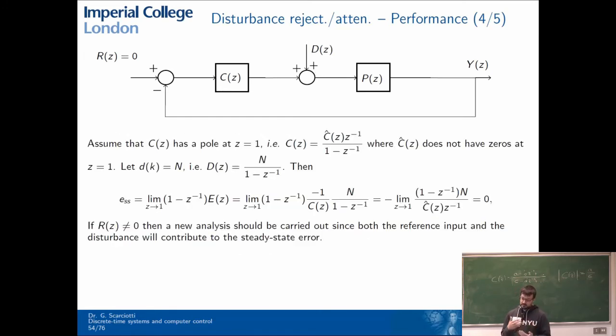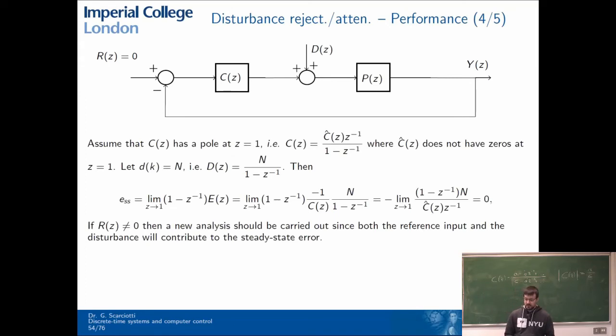So an interesting aspect that arises from this analysis is that the type of the system is not just important when we are talking about the accuracy with respect to the input, but is obviously important also when we are talking about the accuracy with respect to disturbances, and in particular to avoid that the disturbance affects our steady-state behavior.